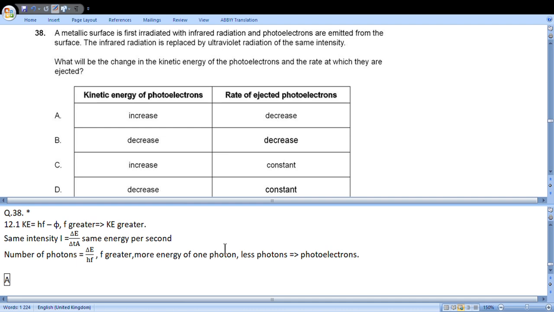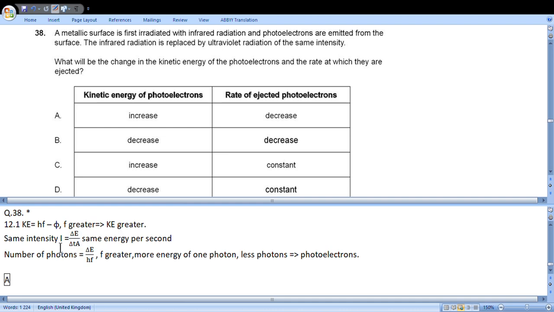A bit difficult. A metallic surface is first irradiated with infrared radiation, and photoelectrons are emitted from the surface. The infrared radiation is replaced by ultraviolet radiation of the same intensity. What will be the change in kinetic energy and the rate at which electrons are ejected? So this is the formula, section 12.1: kinetic energy equals hf minus work function. Greater frequency, greater kinetic energy.